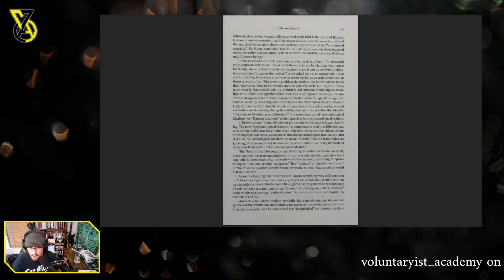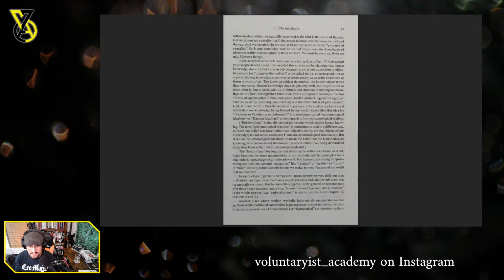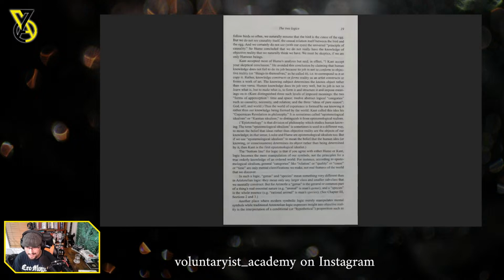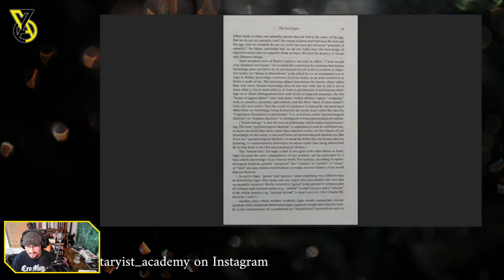Okay, so epistemology is that division of philosophy which studies human knowing. The term epistemological idealism is sometimes used... I'm sorry, there's a typo in the book. My bad. It is sometimes used in a different way to mean the belief that ideas rather than objective reality are the objects of our knowledge.